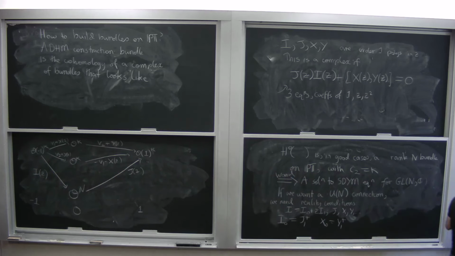So if you do this, it looks like we've started off with loads and loads of matrices. So before imposing reality, we had two n by k matrices, two k by n, and four k by k.